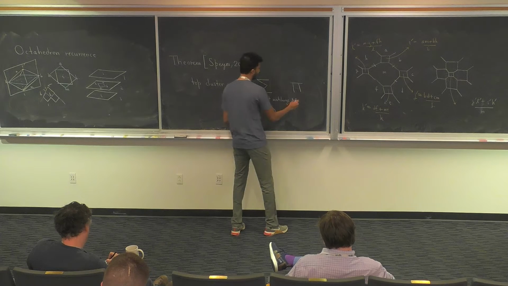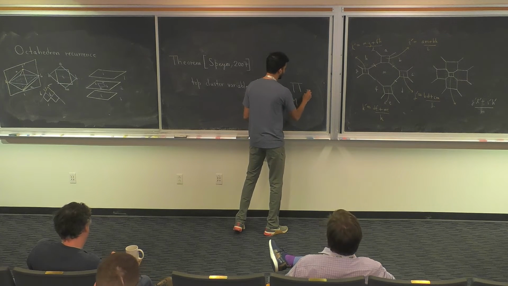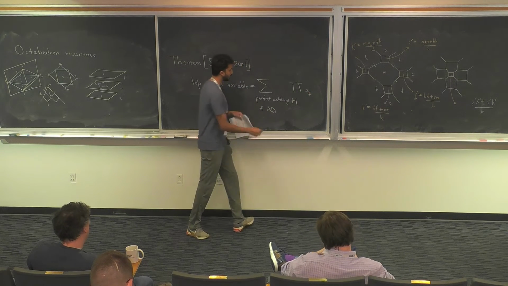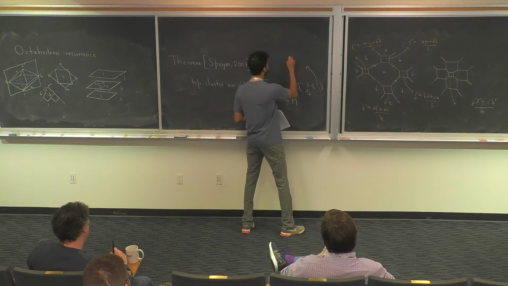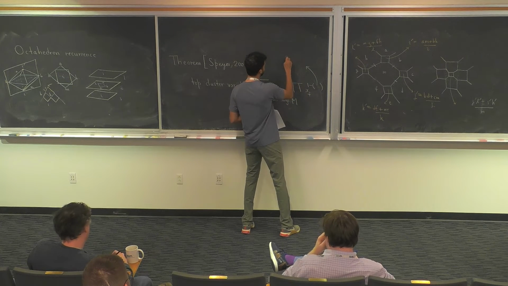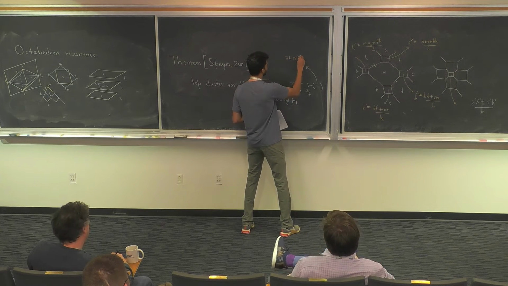So every perfect matching has a weight, which is the product of the cluster variables raised to power 1 minus the number of dimer covers on the boundary of that face.